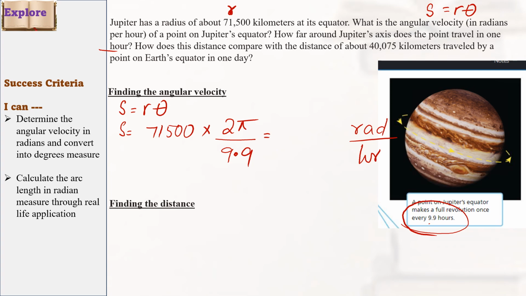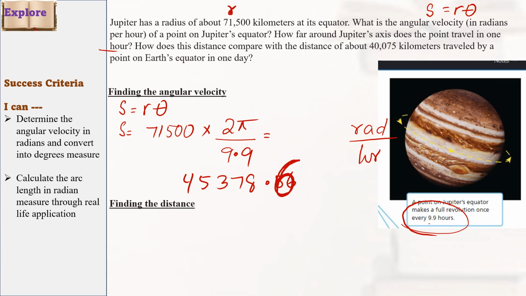So write it down in the calculator. 71500 into 2 pi divided by 9.9, and we will get 45,378.56. It means if I round off, it will be 45,378.6 radians per hour.